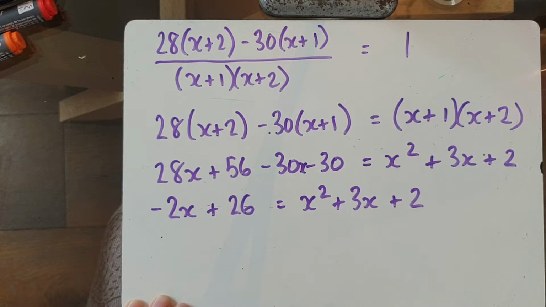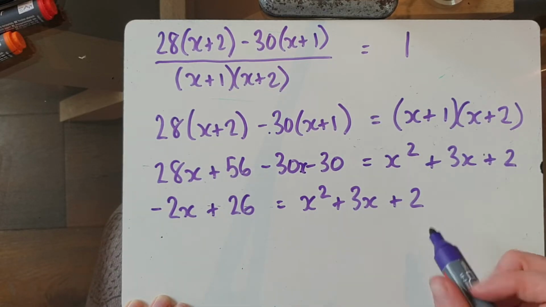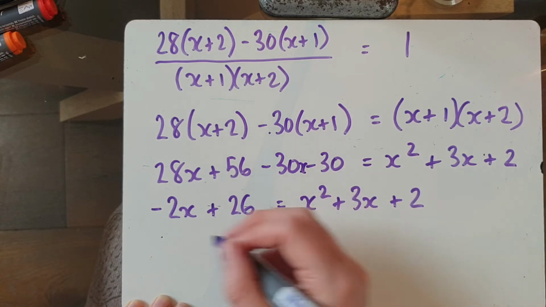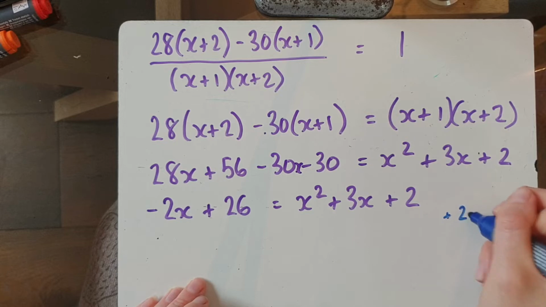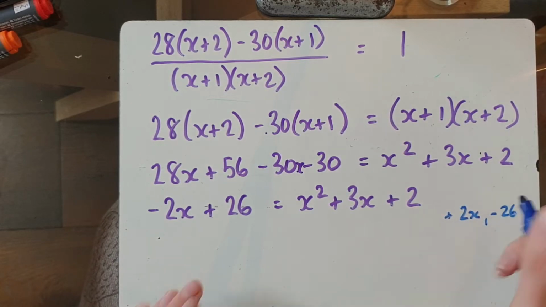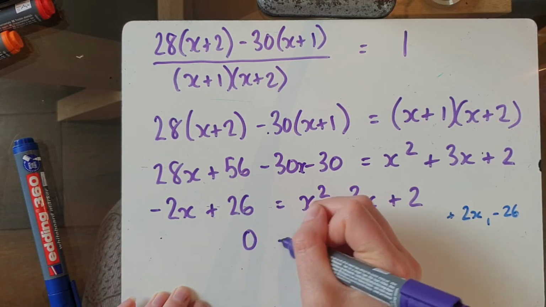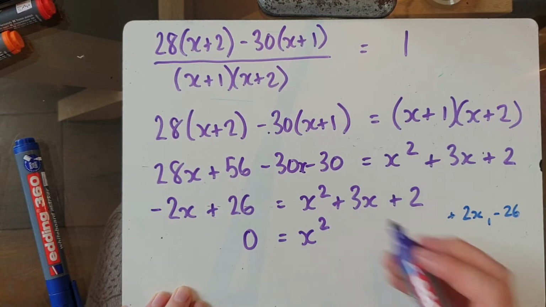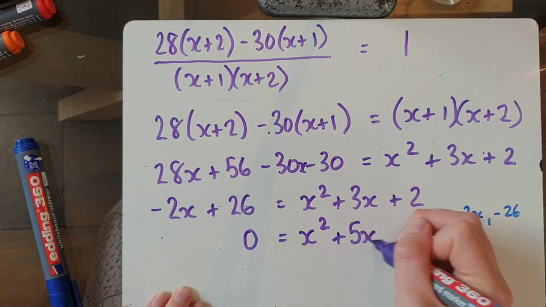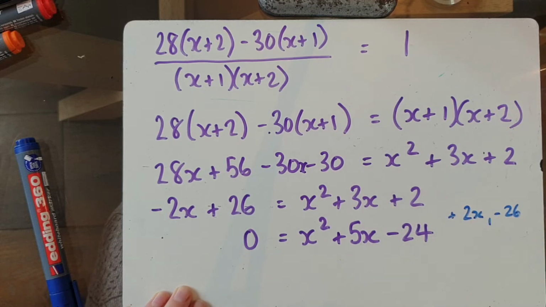I'm going to take everything over to one side by adding 2x and subtracting 26. Then on this side I'm going to be left with 0. On this side I'm going to have x², 3x plus 2x, so plus 5x, 2 minus 26, minus 24.